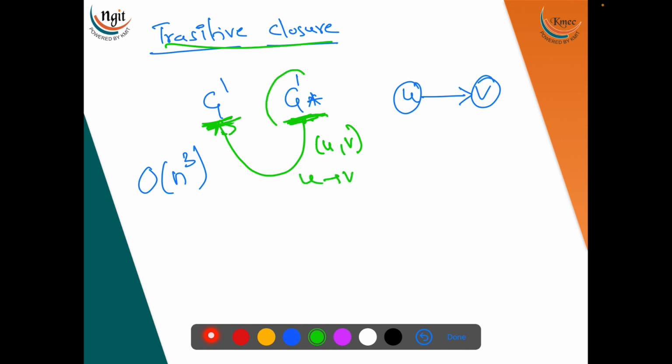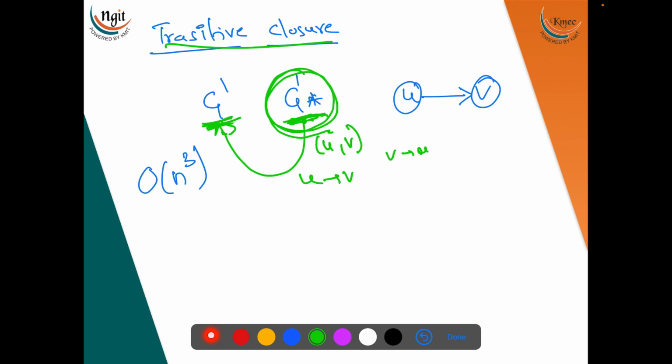That is, G' star is defined by starting with the digraph G' and adding an extra edge u comma v for each u and v such that v is reachable from u. Now, we'll take some example and do it.